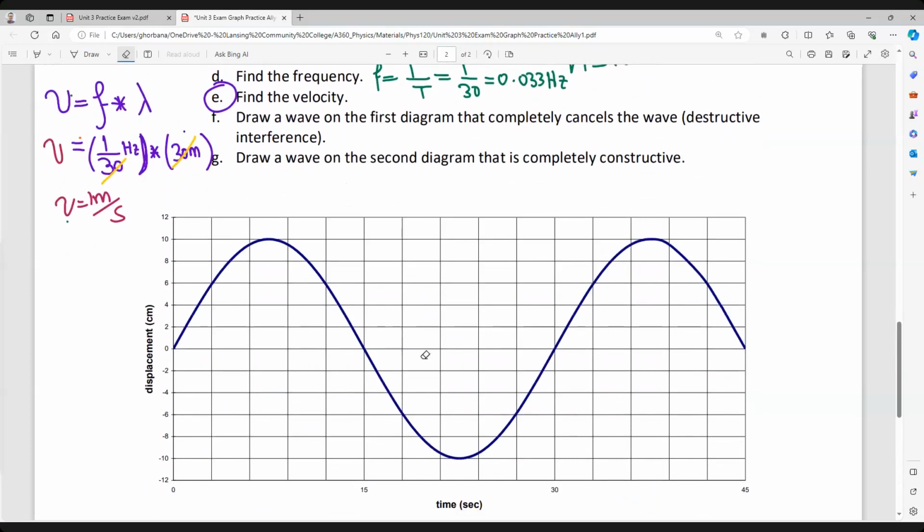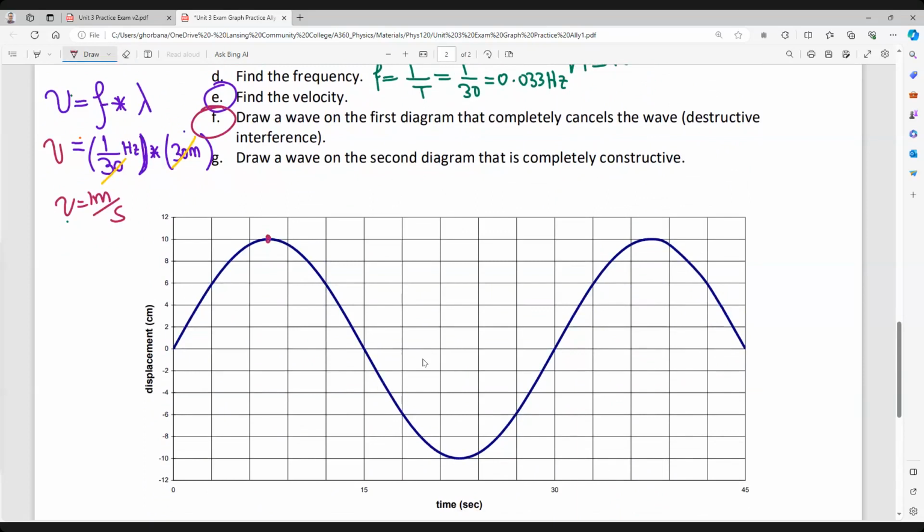So part F is telling us to draw a wave on the first diagram that completely cancels the wave. How do we need to draw to completely cancel? We just draw every point in the opposite.